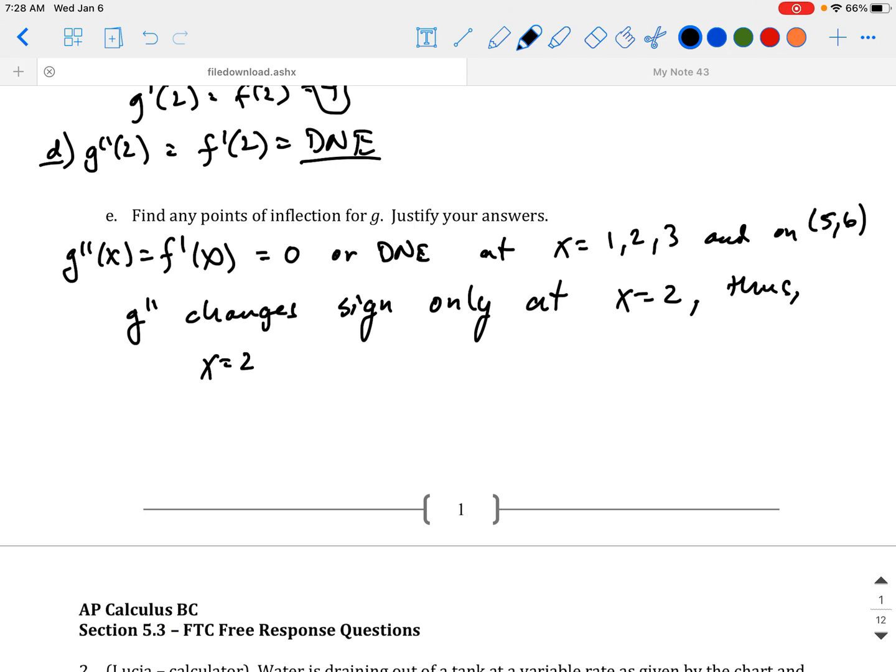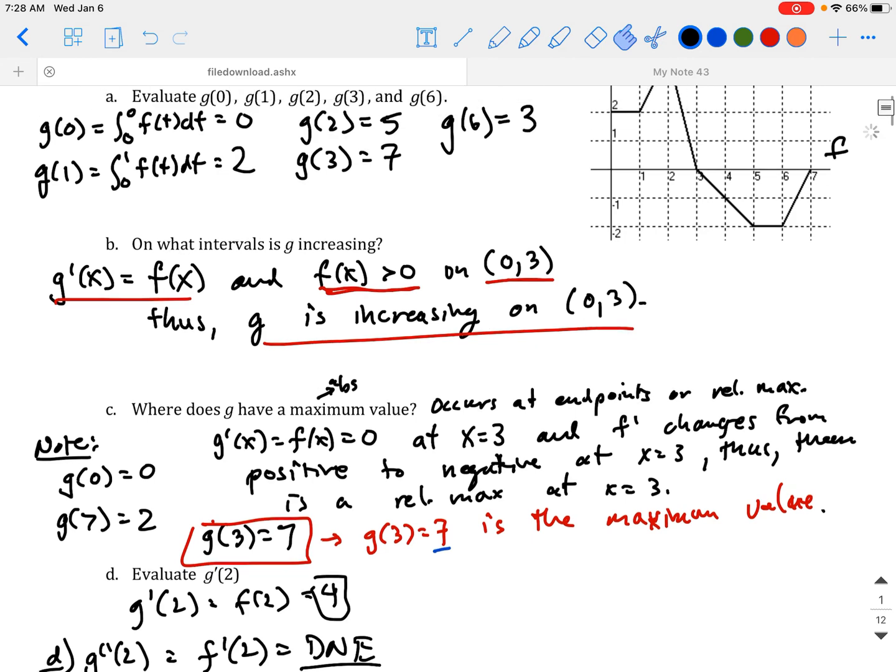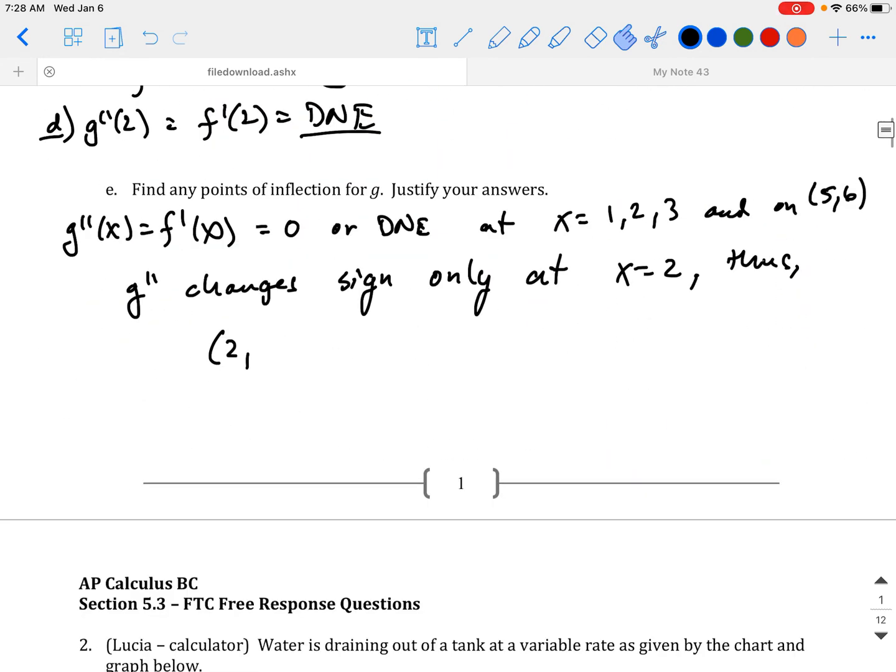Thus, x equals 2. Thus, 2 comma, what was g of 2? G of 2 was 5. 2, 5 is a point of inflection.